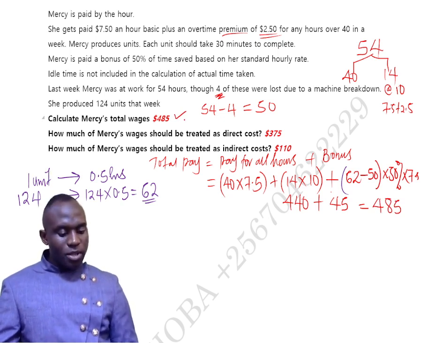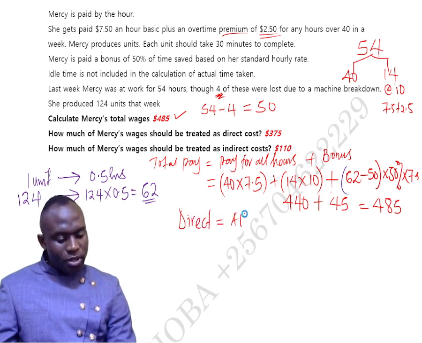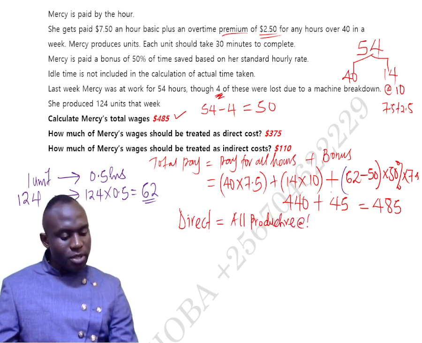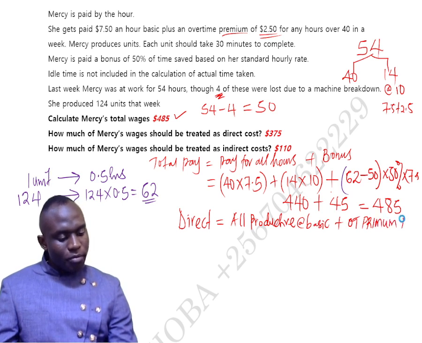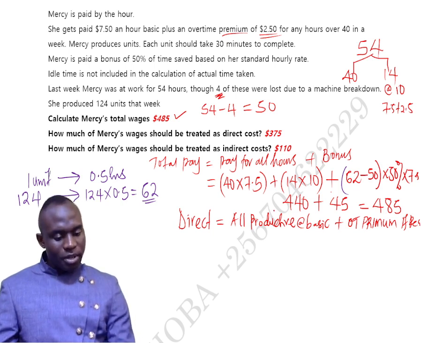Number 2, how much is direct? To get direct, we said direct is all productive hours at basic, then plus the overtime premium only if requested. When we look at the question, no overtime premium was requested.